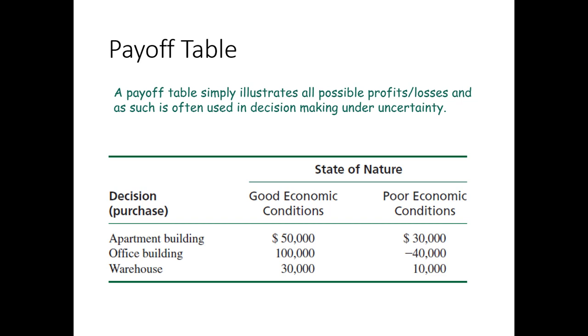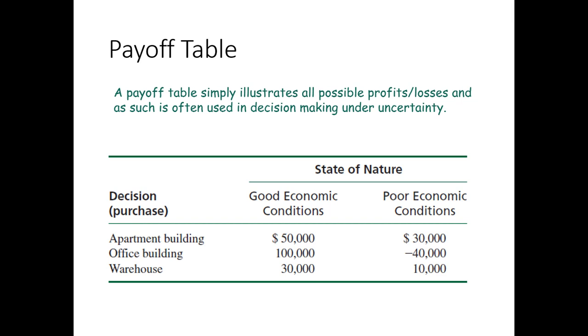When we got all the values and we write down the options of decision and the states of nature, and we fill all the values that we have not produced ourselves, we have got it from some secondary source. This type of a table in decision analysis is called a payoff table.